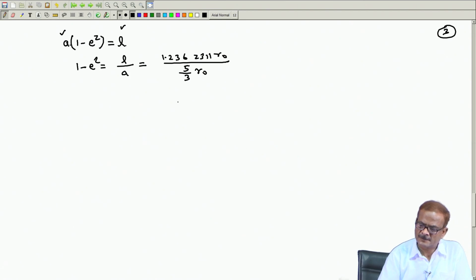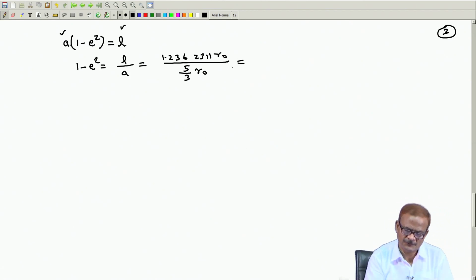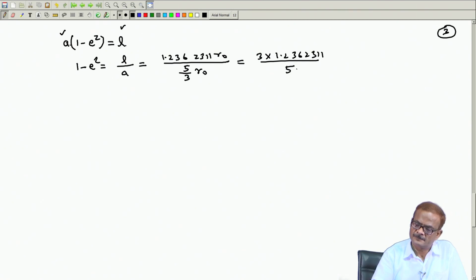So, r 0 cancels out. We do not have to again put the value of r 0 and work it out. So, this is 3 times 1.2362311 divided by 5.